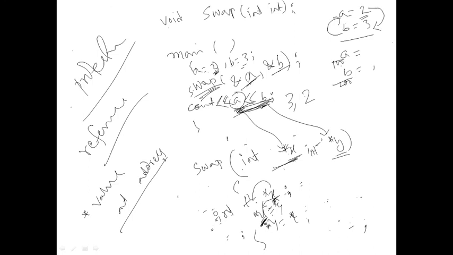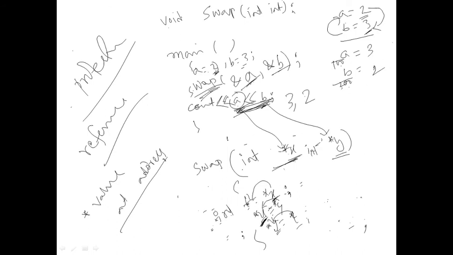So the value at the address x is holding will be replaced by 3. The value of t will then be stored at the address y is holding, that is 200. So in location 100, 3 will be stored, and in location 200, 2 will be stored.